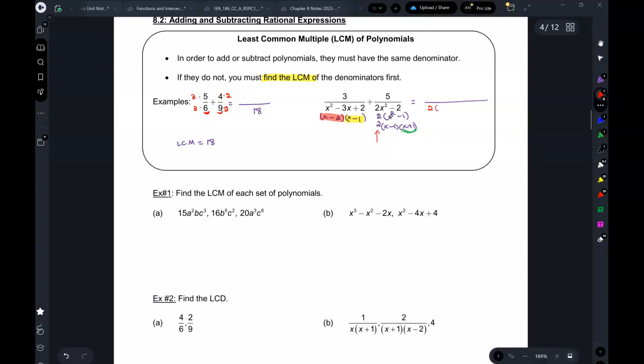So I take an x minus 2, an x minus 1, and an x plus 1. All right? So your common denominator has to include or represent everything that is in your respective denominators.